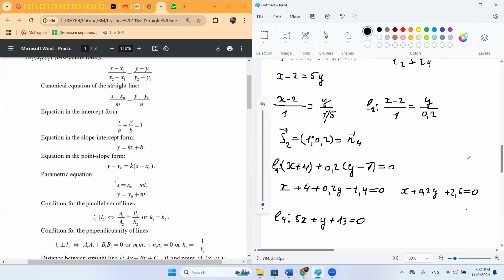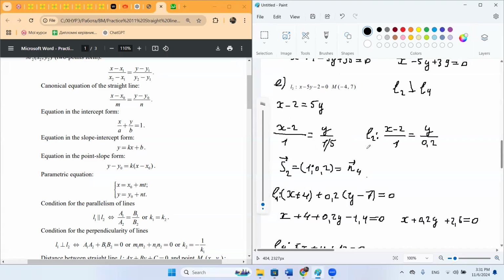Any questions about this section? Can you explain, please, once again, how we get vector S2? Okay, so if I write a general equation into a canonical form, I can find the coordinates of the direction vector. So m and n are the coordinates of the direction vector, and in our case here they are.